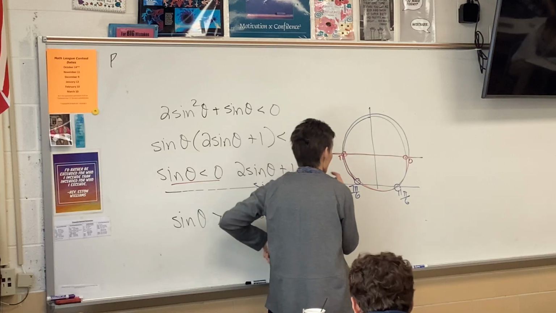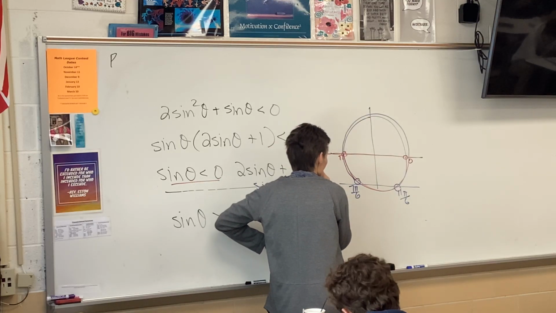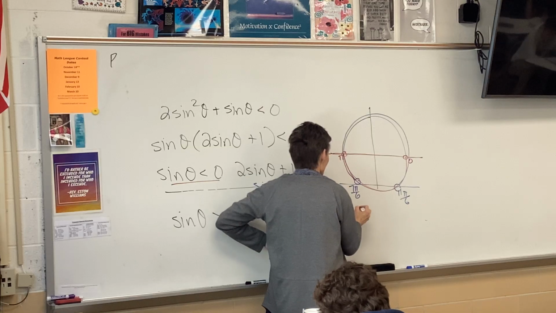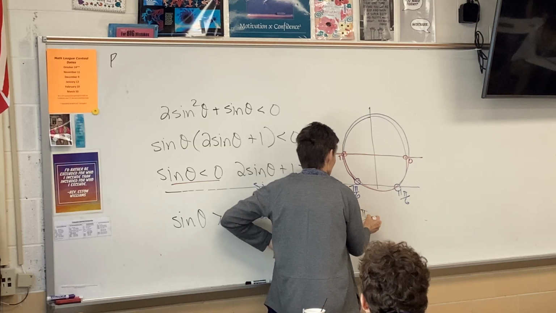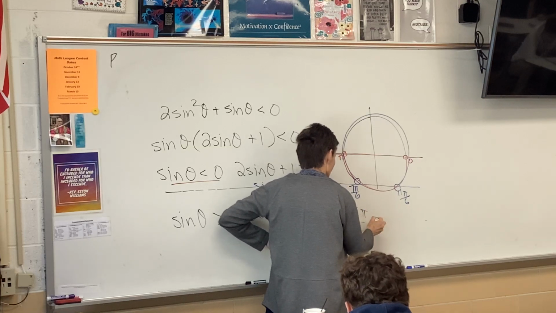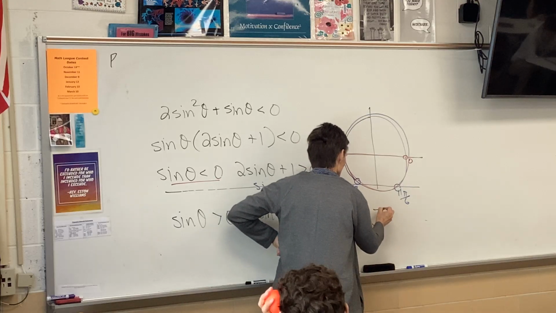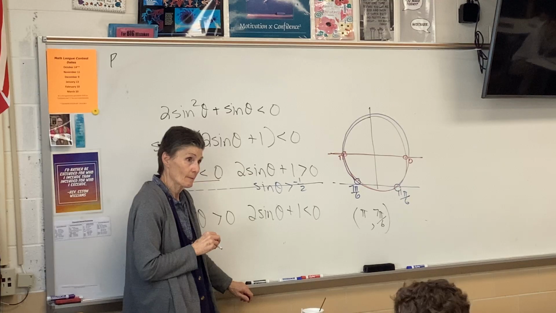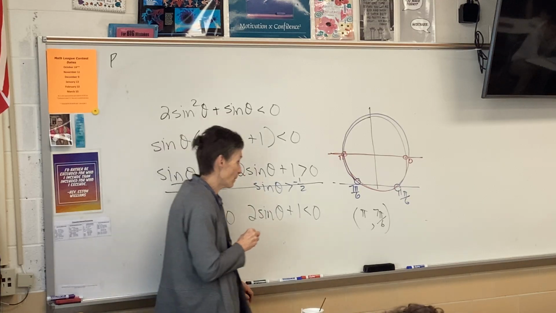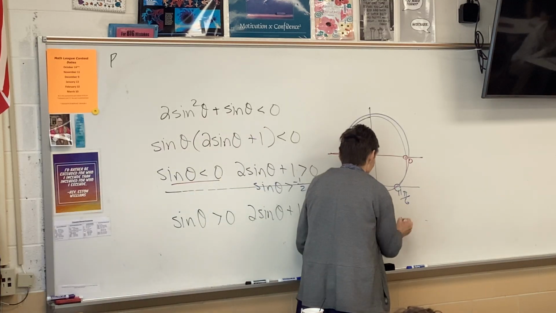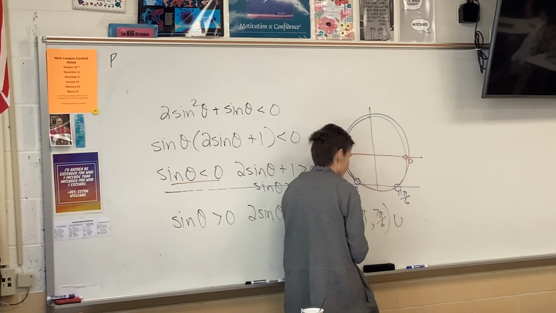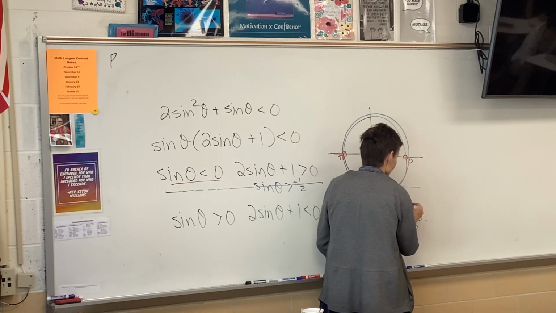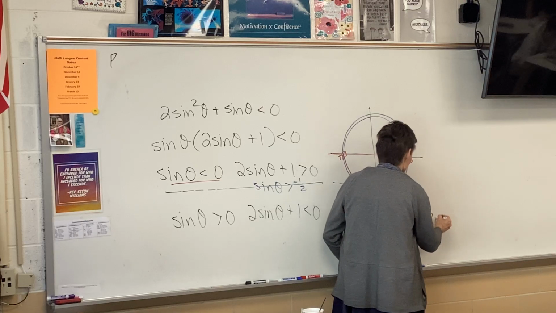Would you say that pi to 7 pi over 6, would you say that that's one of the answers, or part of the answer? What's the other part for this problem? 11 pi over 6 to 2 pi. Very good.